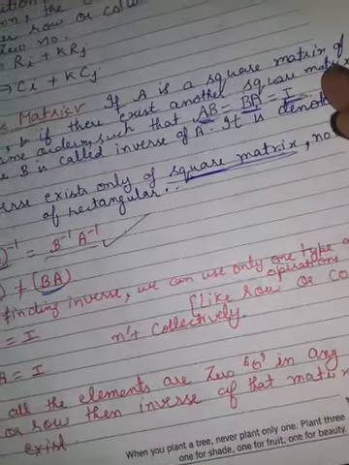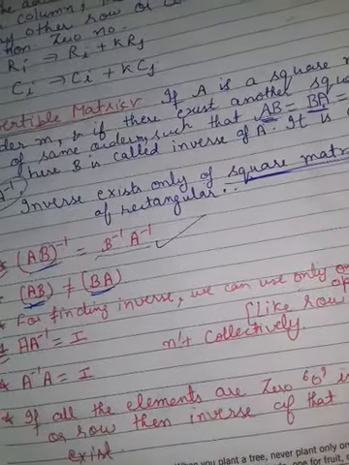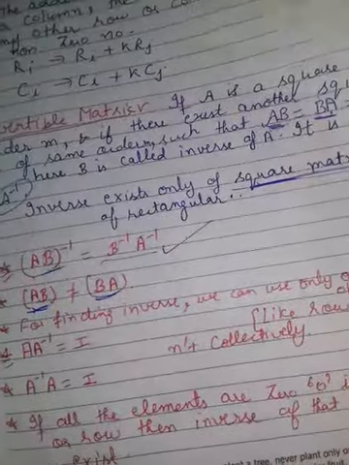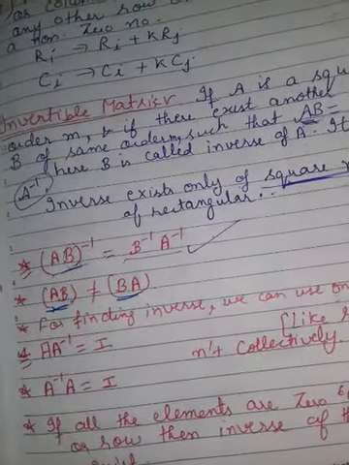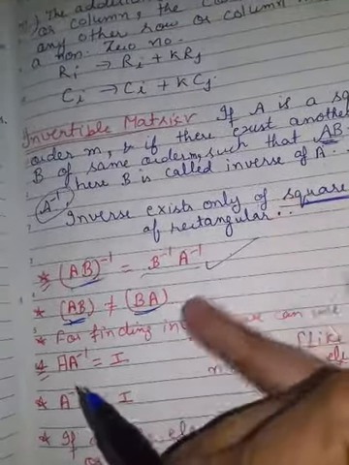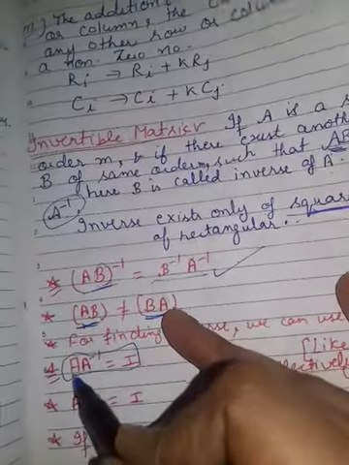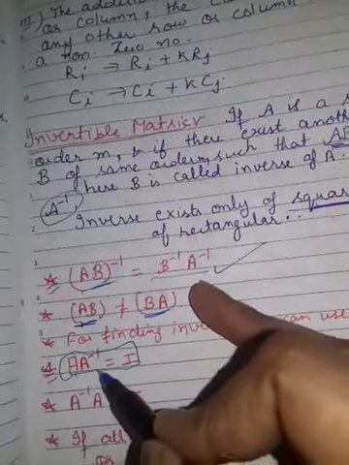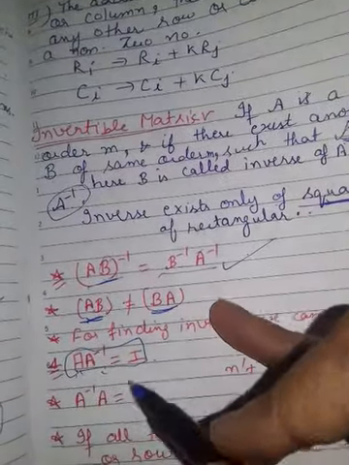If you find the inverse of a matrix, you can't use row operations and column operations together; you can use either rows or columns. Next, A into A inverse is equal to I, meaning if any matrix is multiplied with its inverse, it makes the identity matrix.